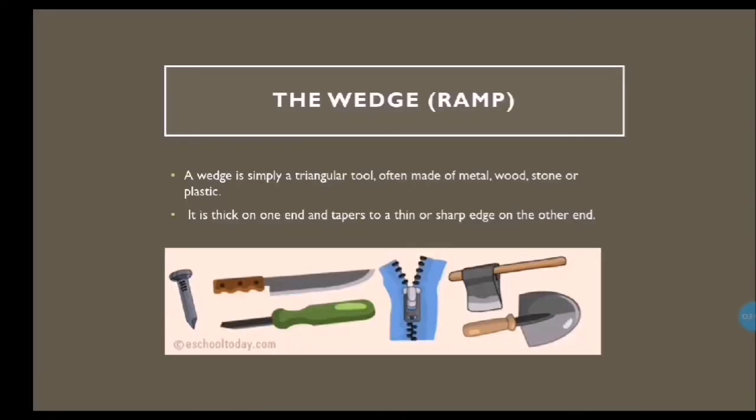Now, the wedge. A wedge is simply a triangular tool, often made of metal, wood, stone, or plastic. It is thick on one end and tapers to a thin or sharp edge on the other end. As you can see, this figure shows examples of many wedges.